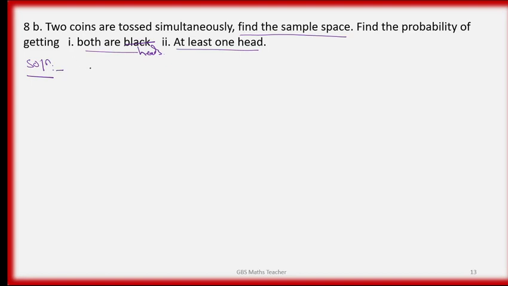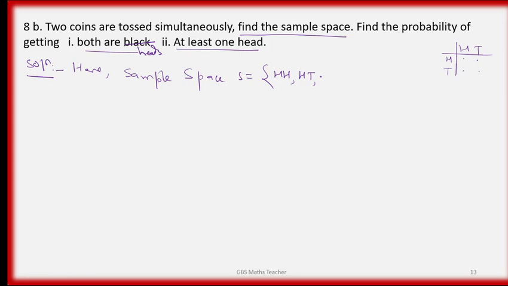Now, what is the sample space? First of all, here we have given 2 coins and the sample space is HH, HT, TH, TT. This is the sample space.